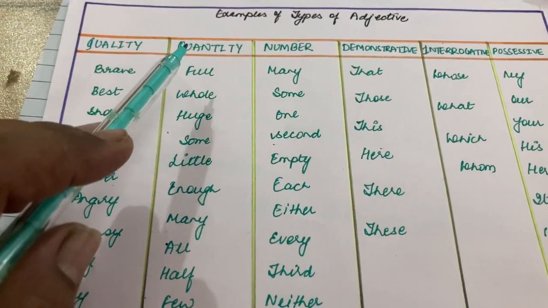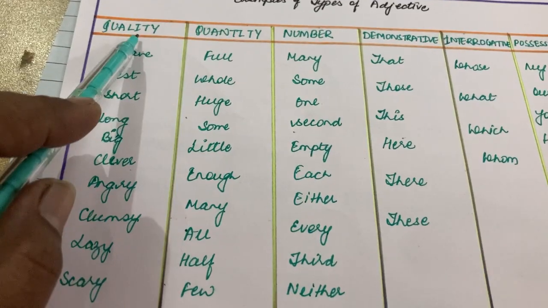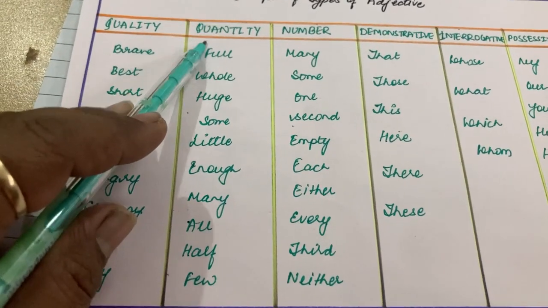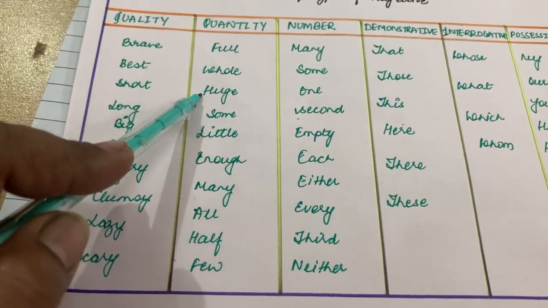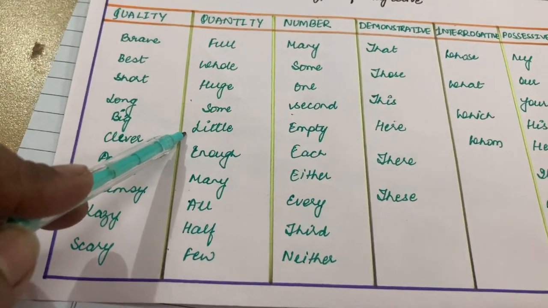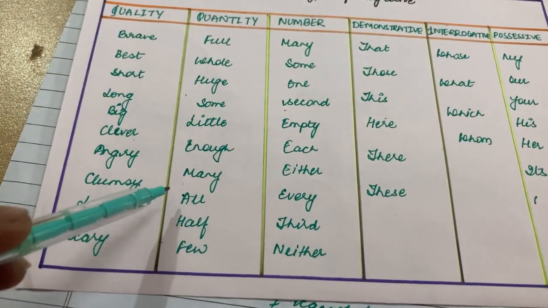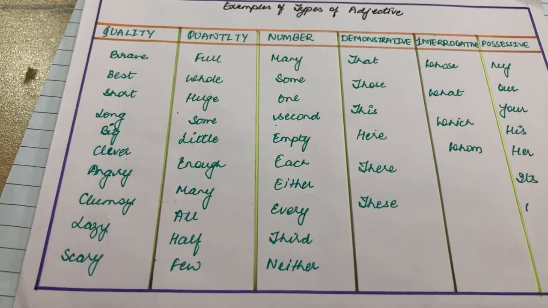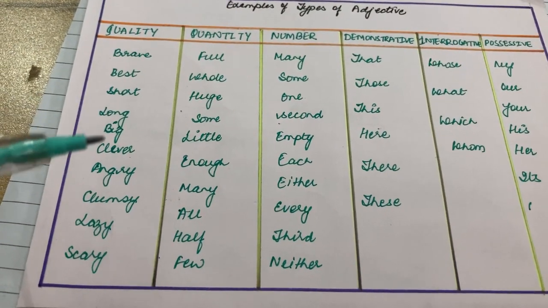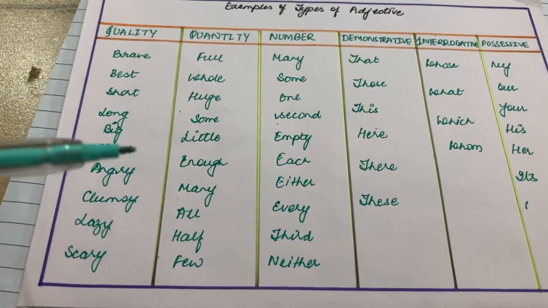Then quantity. So when words like full, whole, huge, some, little, enough, many, all, half, few are used, what does it tell us? It tells us the quantity of the noun.